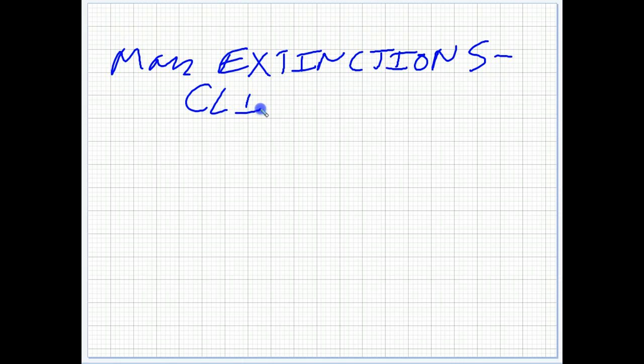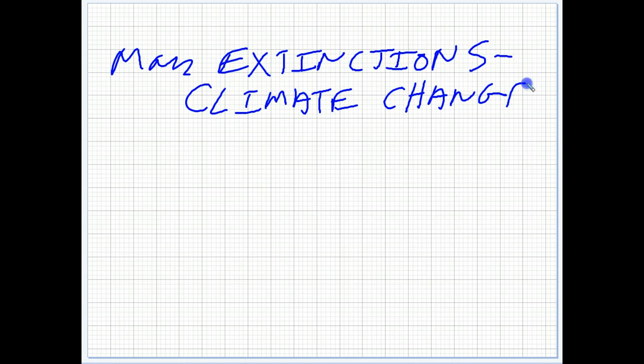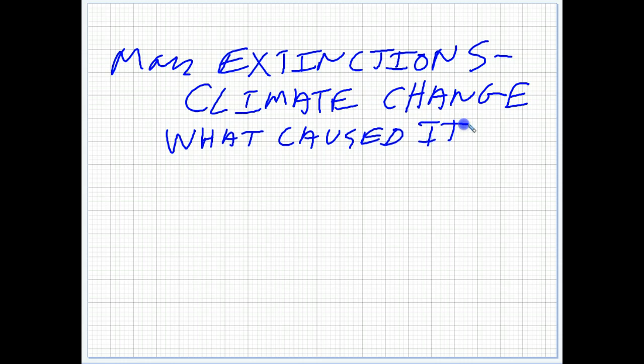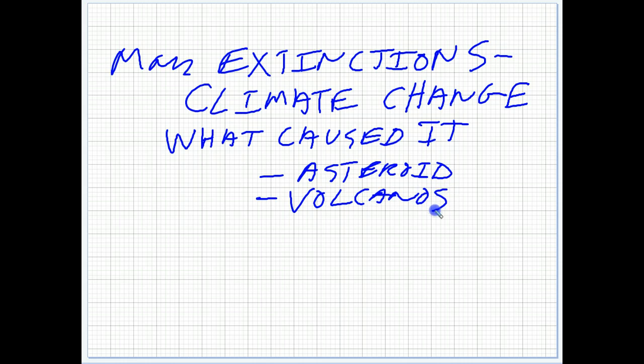Now we know climate change was the key, but what caused that climate change? So we gotta wonder, was it an asteroid, a series of volcanoes, or something else? Several unanswered questions there.